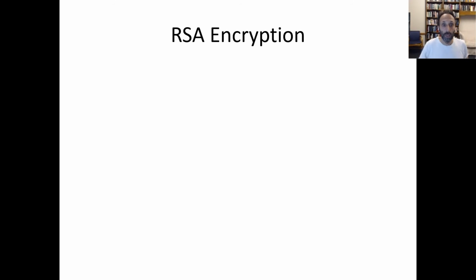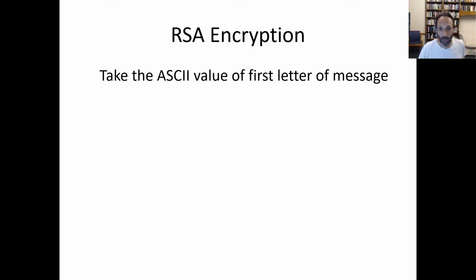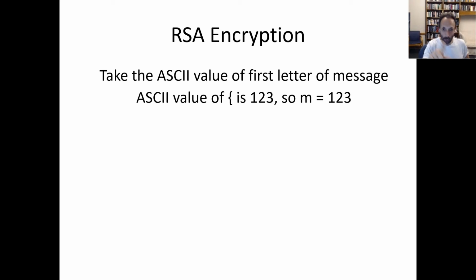What we're going to do is take the ASCII value of the first letter of a message. Just for simplicity's sake, I picked the curly bracket, which is 123. The ASCII value of that is 123. Pause on that, Scott. ASCII is what?